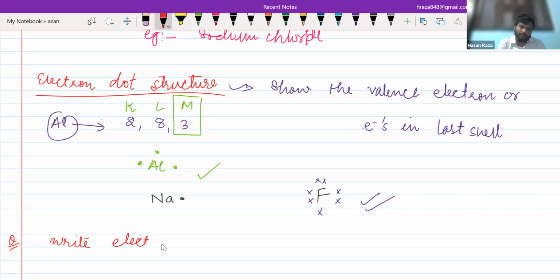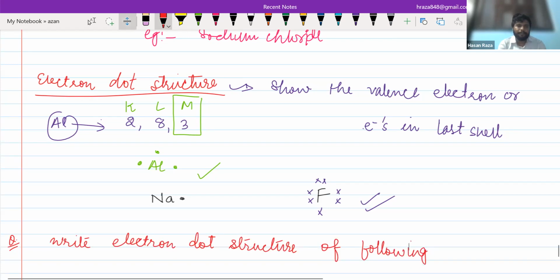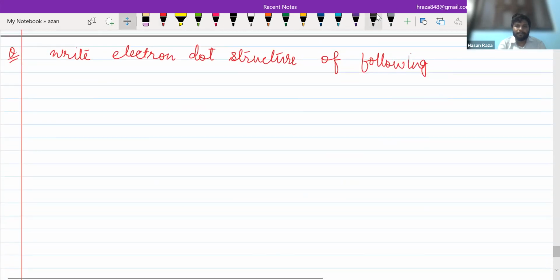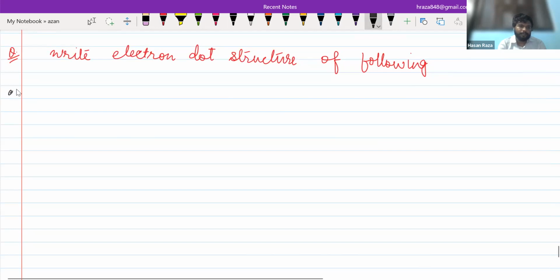So I'm going to give you, write the electron dot structure of the following. Here it is sulfur, and then chlorine, and then potassium.